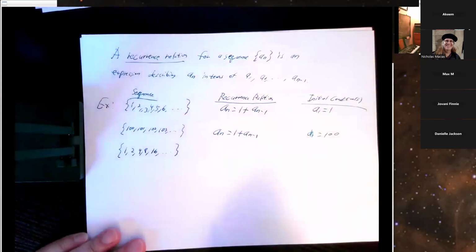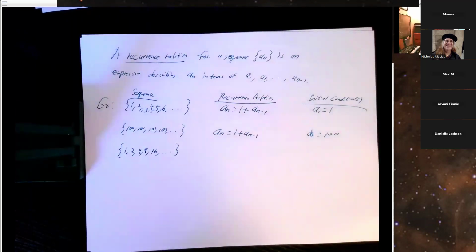All right, who can tell me a recurrence relation for this sequence? Yeah, you basically need both, or you're missing some information if you don't have both.